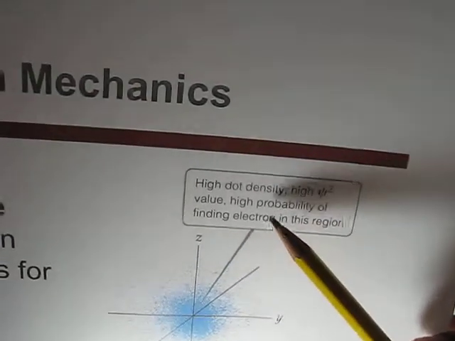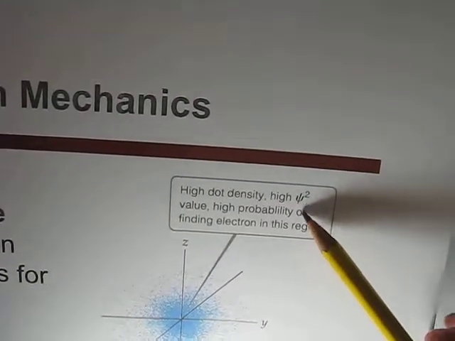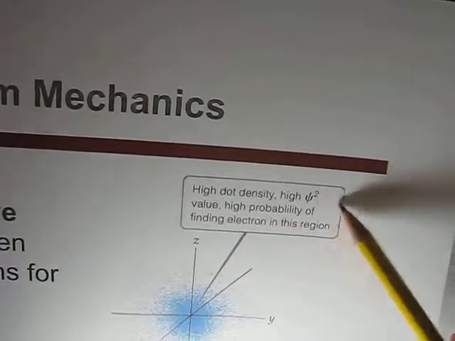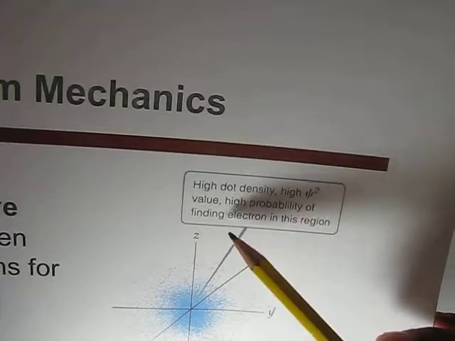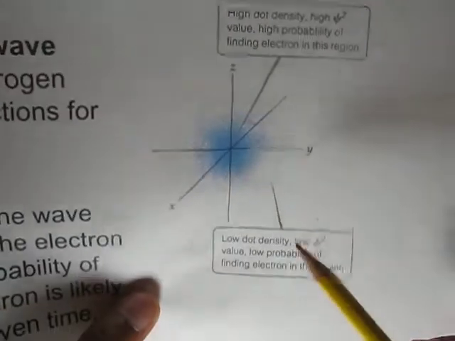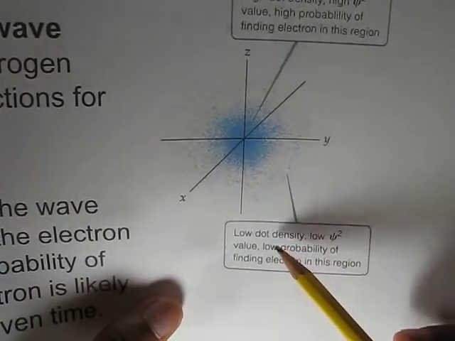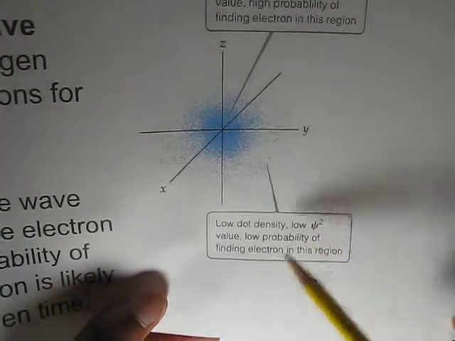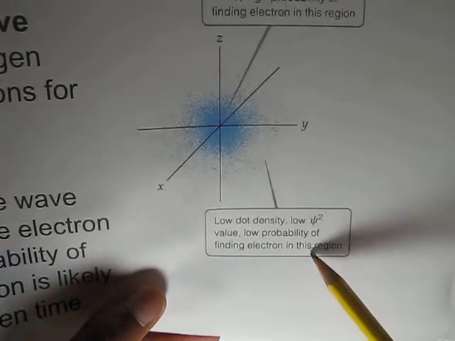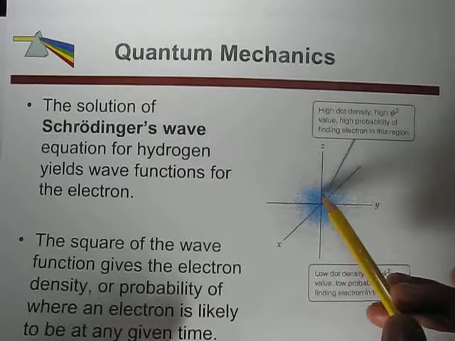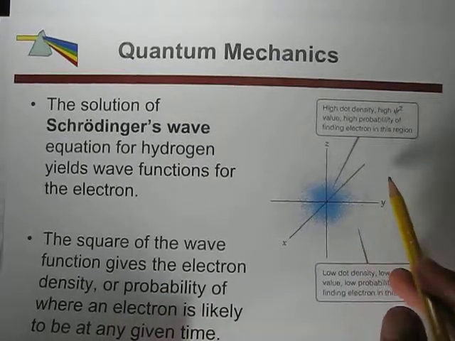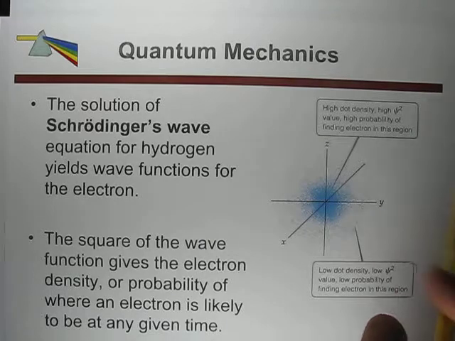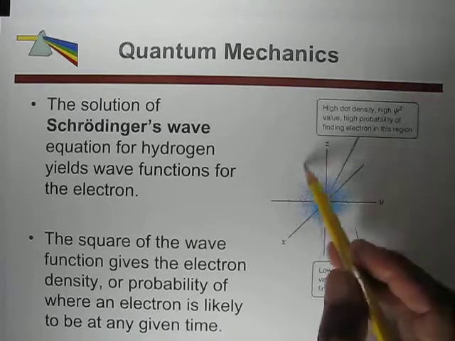High dot density means a high wave function value, which means a high probability of finding the electron in this region, and low dot density means low probability of finding the electron. Wherever the dark blue color is, the density of finding the electron is higher compared to the outside.